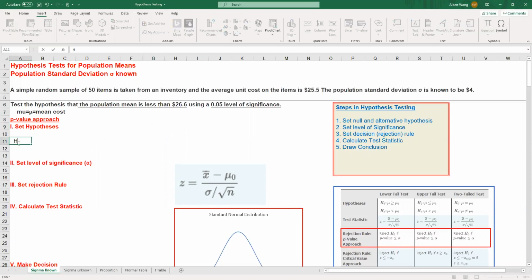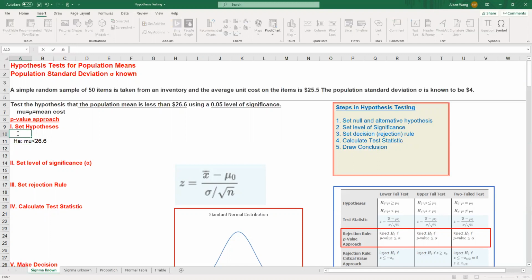We first set the alternative hypothesis. The alternative hypothesis says mu is less than 26.6. So we actually do the alternate hypothesis, which is called the research hypothesis, first. And once we set the alternate hypothesis, the null hypothesis is just the opposite.